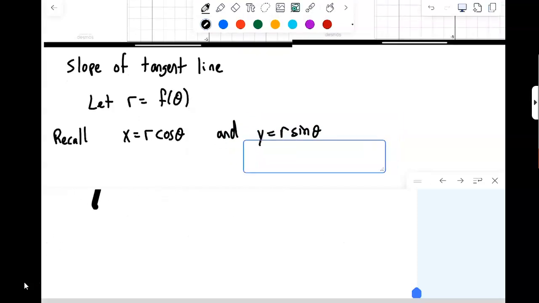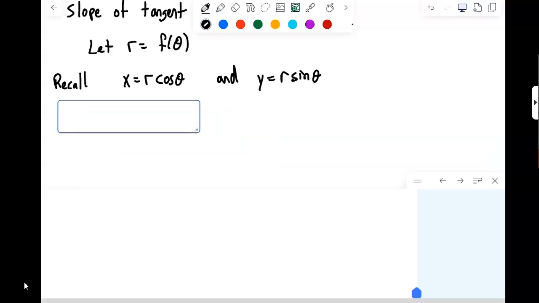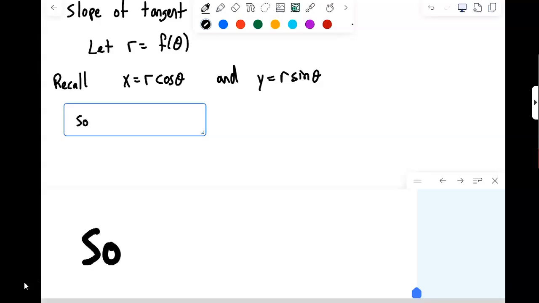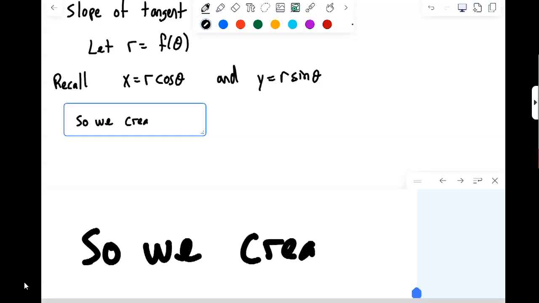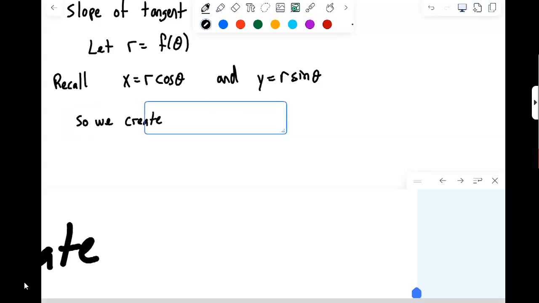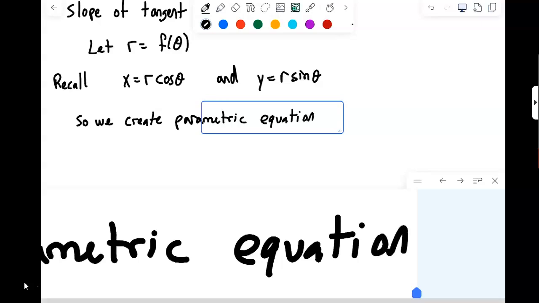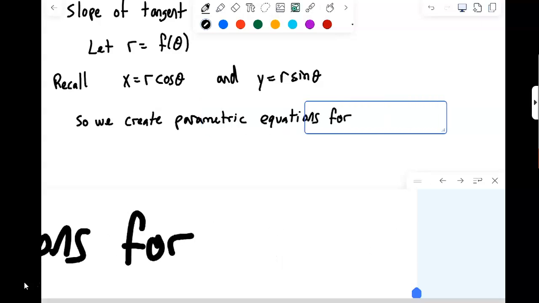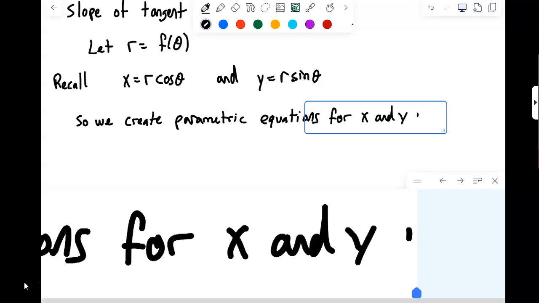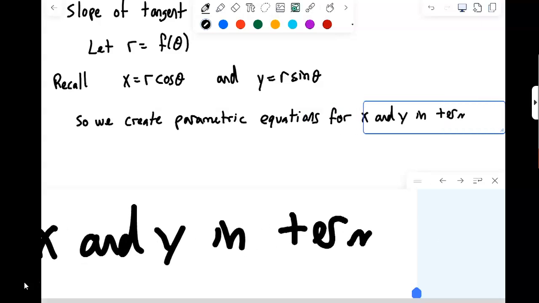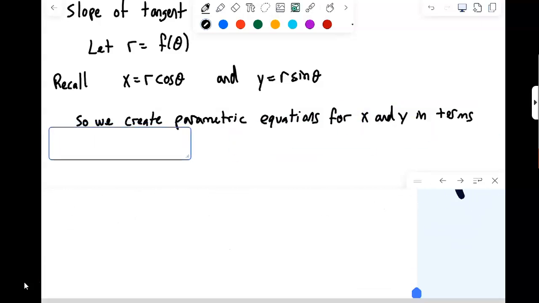So what we do, using this idea, is we create parametric equations for x and y in terms of the parameter theta. And that's the key idea here.